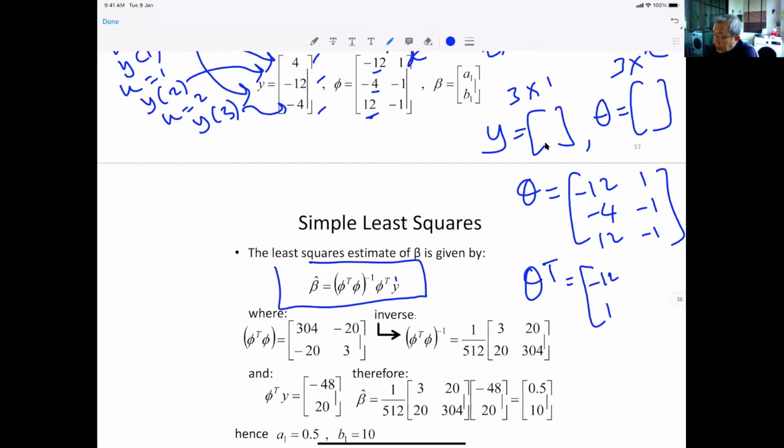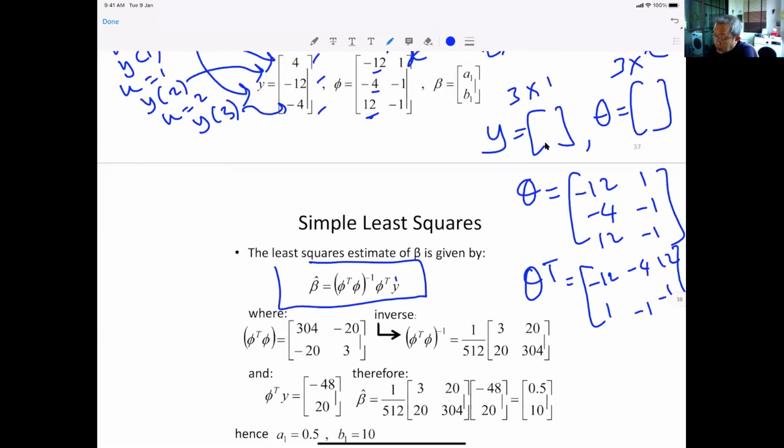Minus 4, minus 1 is a row, becomes column. 12, minus 1 is the row, converted to column. So it will become minus 12, minus 4, 12, 1, minus 1, minus 1. That is the theta transpose.